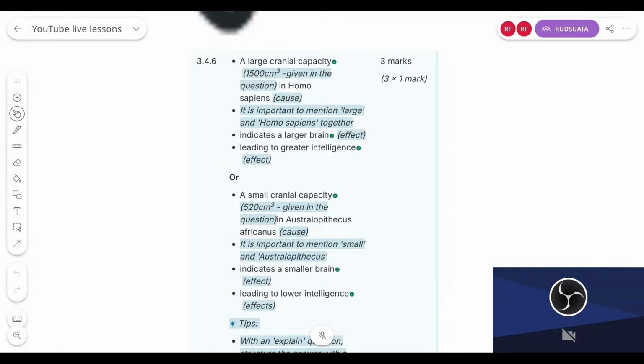So statement, a large cranial capacity, your cause, right, indicates a larger brain, reason, which indicates a larger intelligence, reason. So big cranial capacity equals big brain, lots of intelligence.